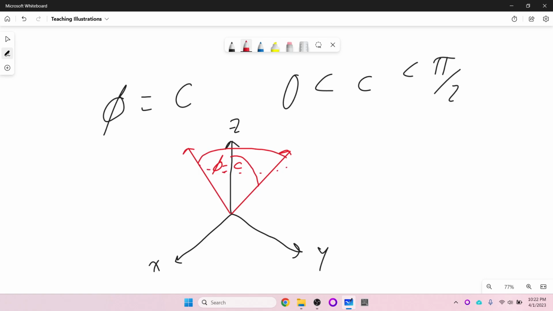And rho is also allowed to be anything, meaning we can go out as far or as near as we want on this cone. Whereas if phi is constant and greater than pi halves but less than pi, that would be a cone that opens downward, underneath the xy plane. In fact, let me use some dotted lines here to make that clearer.